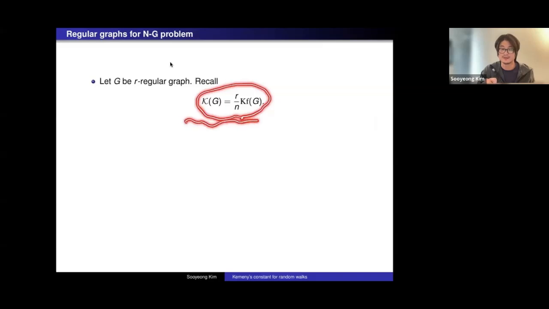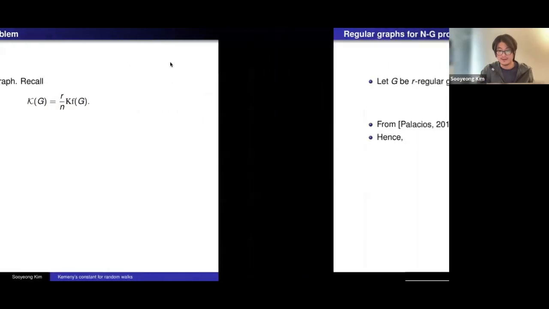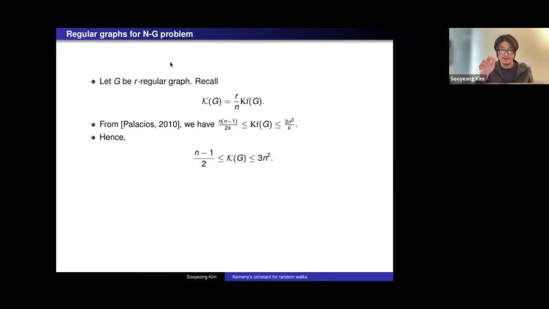They are related under the condition that G is regular. Then from the results in Markov index, we have this, and applying this inequality to here, we have this lower and upper bound for regular graphs.